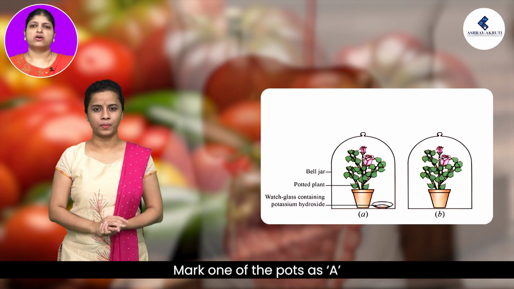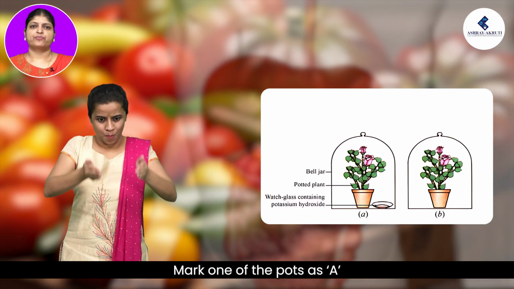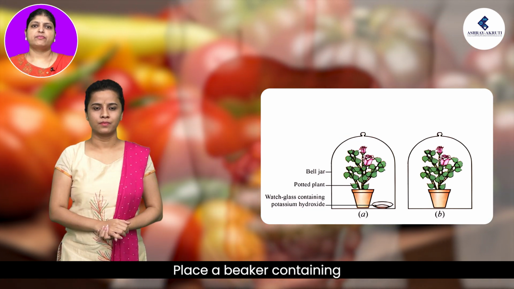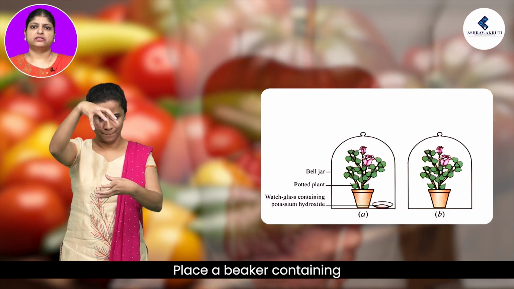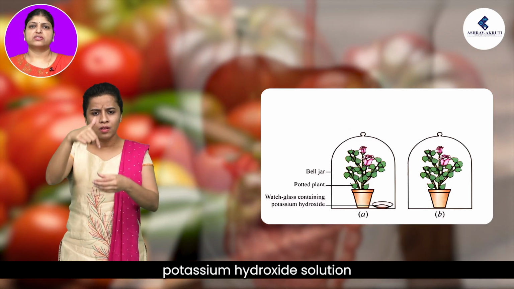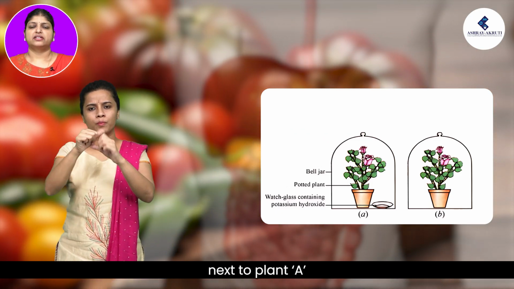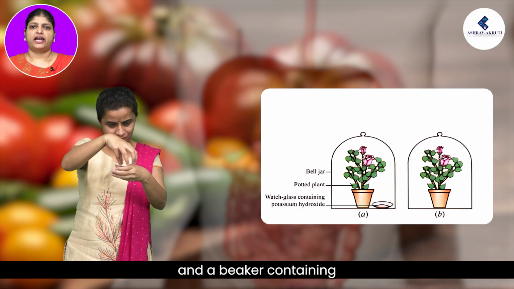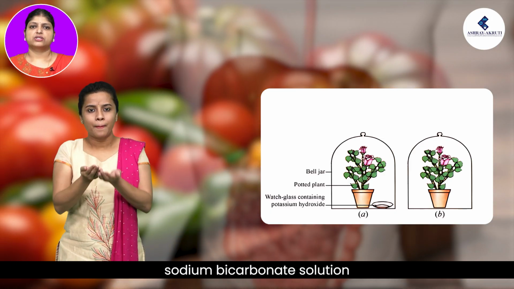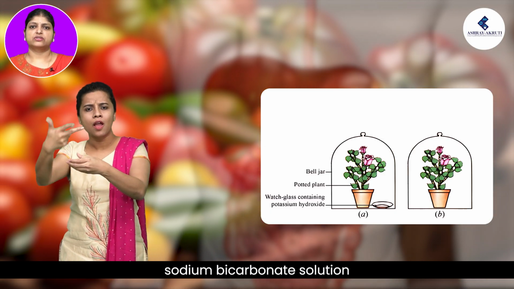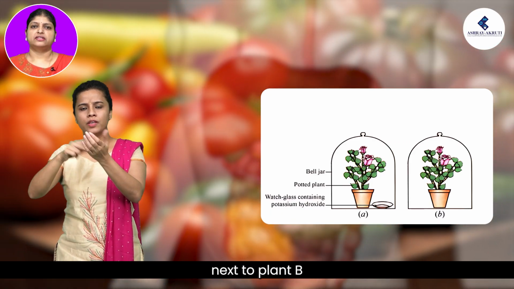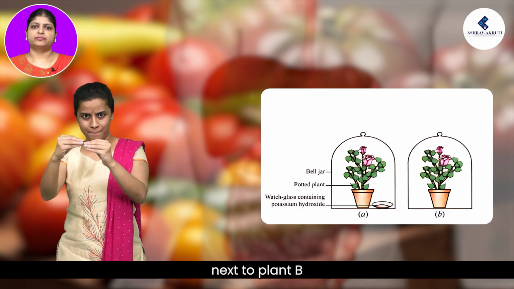Mark one of the pots as A and the other as B. Place a beaker containing potassium hydroxide solution next to plant A and a beaker containing sodium bicarbonate solution next to plant B.